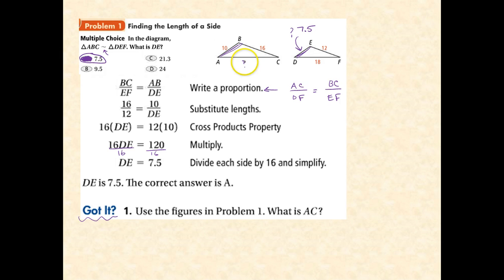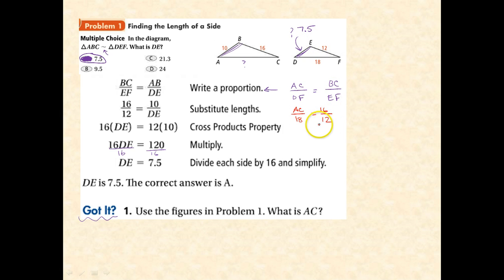I don't know AC. I do know DF. So I'm going to change color. So AC over the length of DF, which is 18, equals the length of BC, 16, over the length of EF, 12.